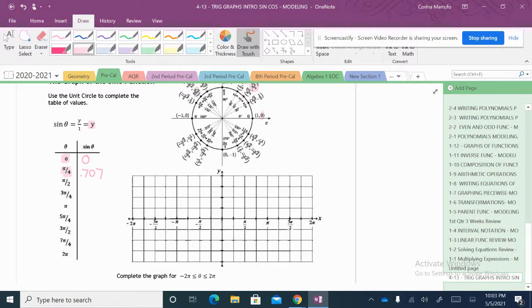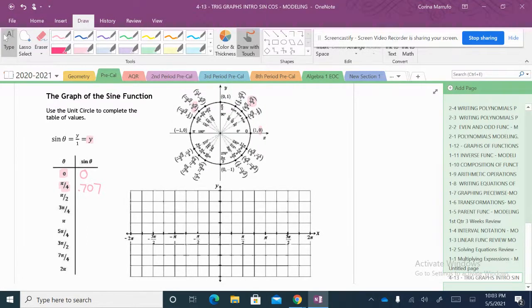At pi over 2, I'm sorry, I skipped one. At pi over 2, our y value is 1. At 3 pi over 4, our y value is the square root of 2 over 2, but as a decimal, that's 0.707. At pi, our y value here is 0. At 5 pi over 4, my y value is negative square root of 2 over 2, which is going to end up being negative 0.707.